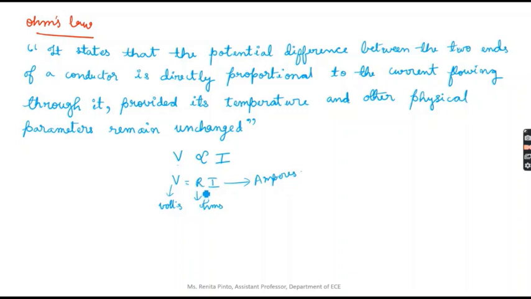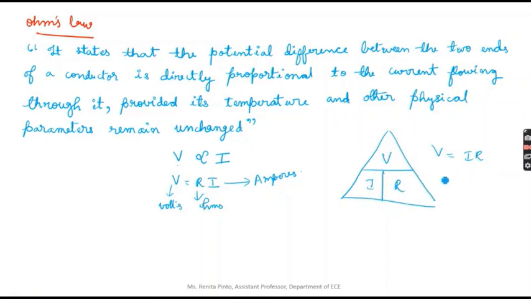There is another way to remember this. Let me show it to you. V, I and R. So V is equal to I into R. If you remember this, you can write the relationship easily.